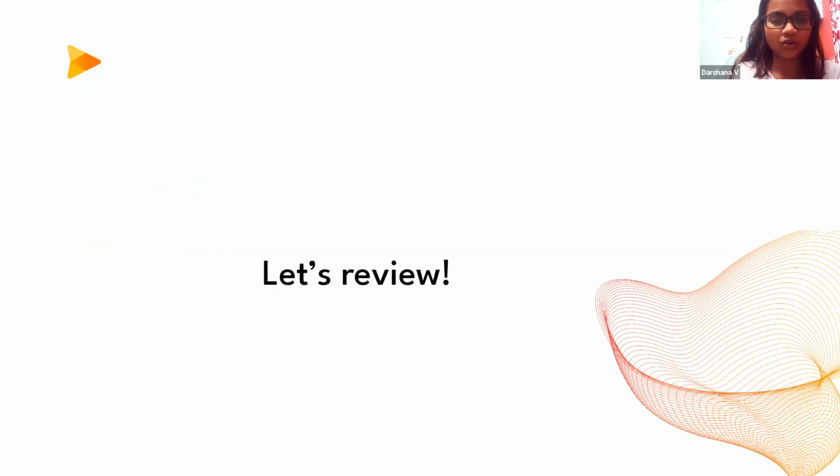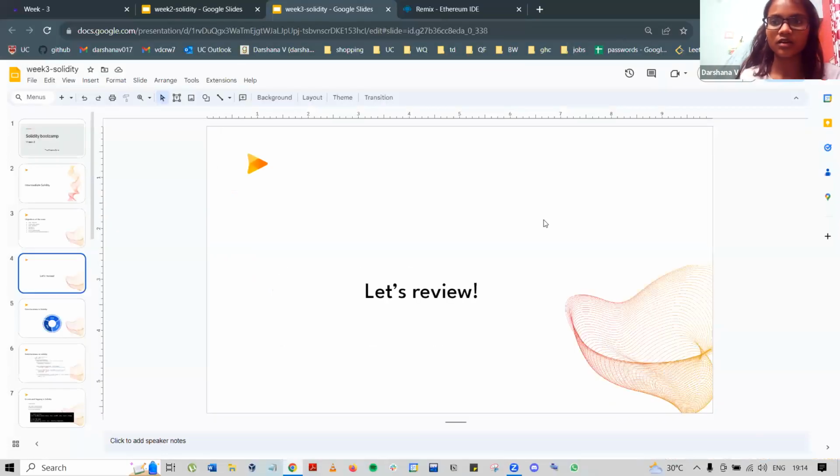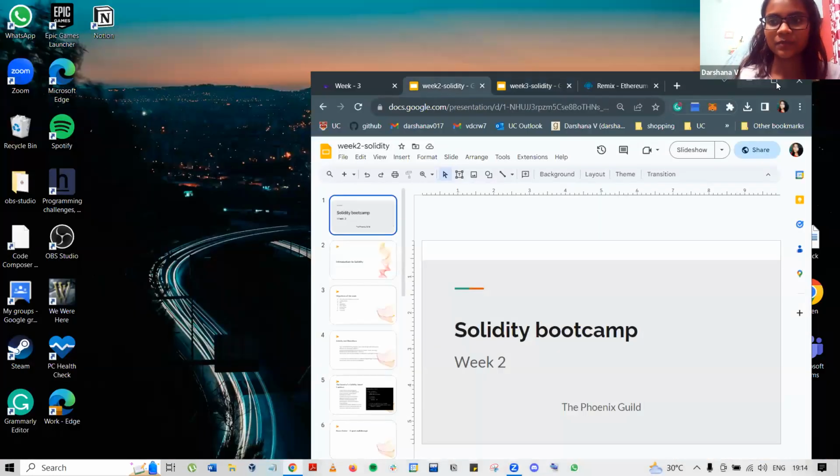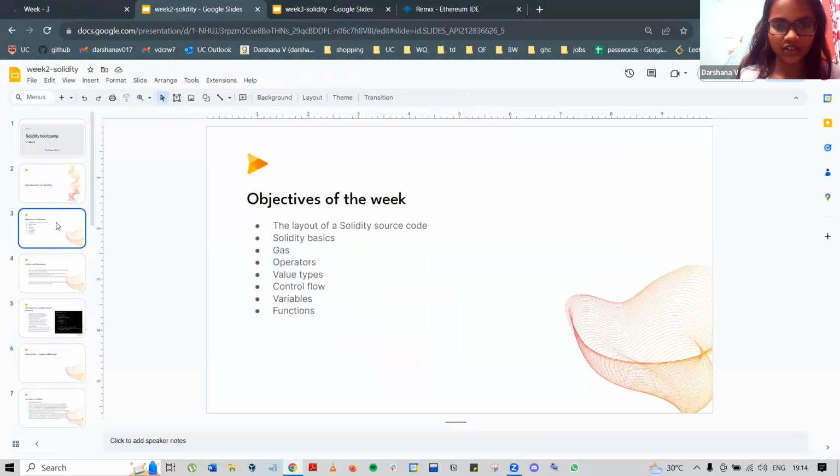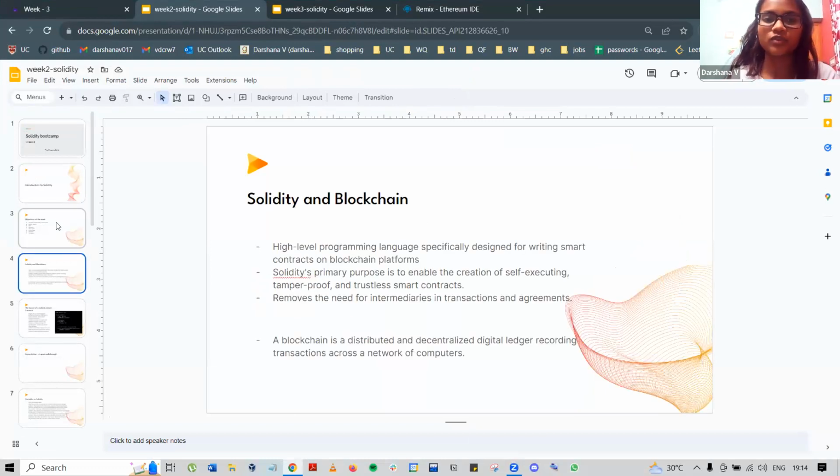But before we go forward, it will be very helpful to review the previous week's session, because in case people have not attended it, I'll go over a quick 5-minute review, otherwise it will be kind of hard. Previous week we went over an introduction to Solidity, what exactly Solidity is.